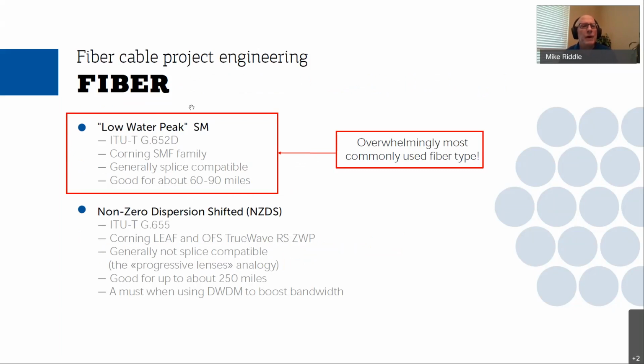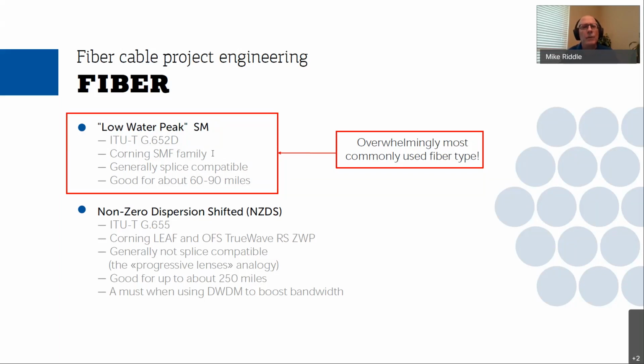The most common fiber used in our industry is low water peak single mode fiber. The governing standard is G652D, and an example of this fiber type is the Corning SMF28 family of fibers. Now, there are various world-class suppliers of standard low water peak single mode fiber.